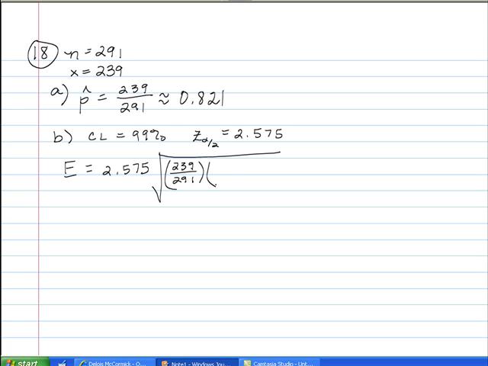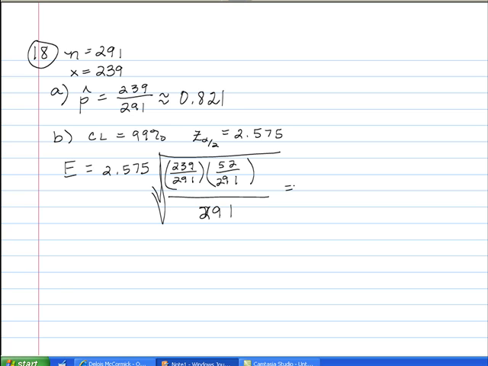That whole thing divided by 291, and then close parens for the radical. And press enter, and then multiply that answer times 2.575. So I'm getting 0.0578. You want to take it out 3 significant digits, okay?